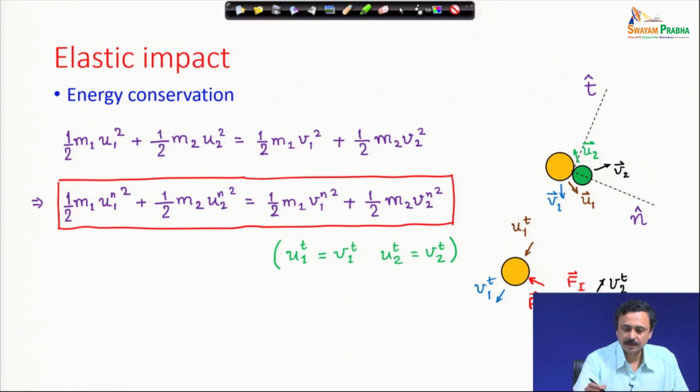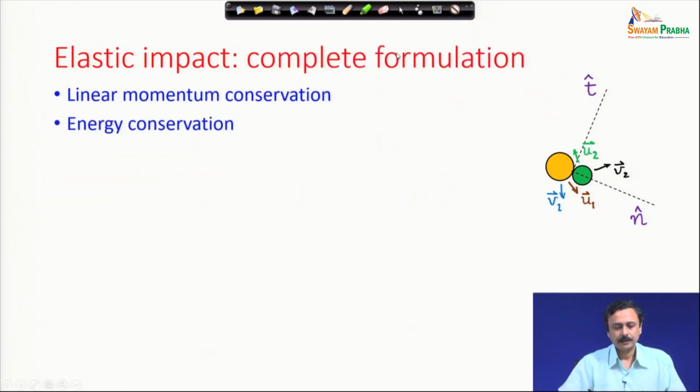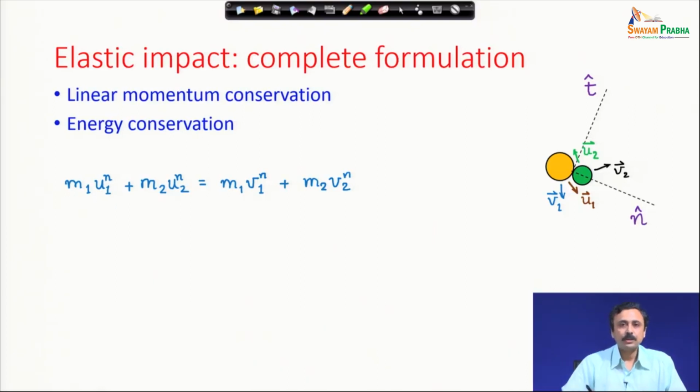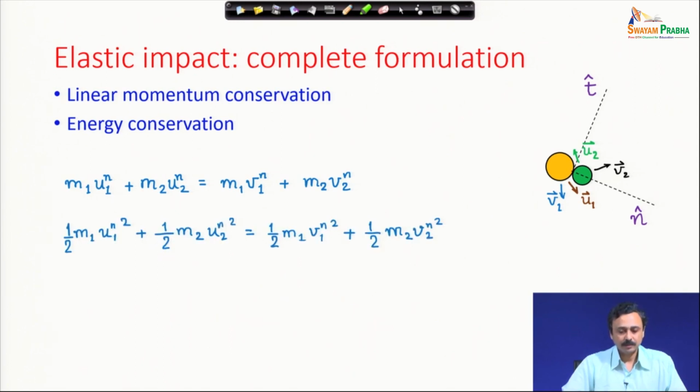So, let me clear this clutter. The complete formulation looks like this. I have now put all the relevant equations and all the conditions that we have derived in one place. We have the linear momentum conservation of the whole system in the normal direction and the energy conservation, two scalar conditions, and these two are already found, they are known.